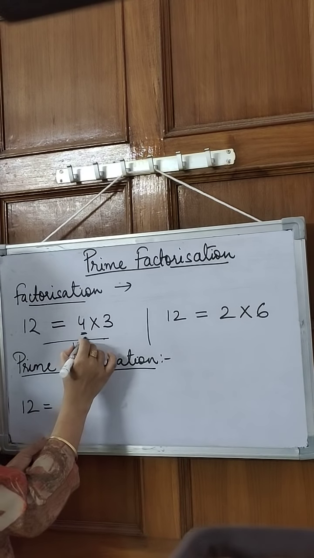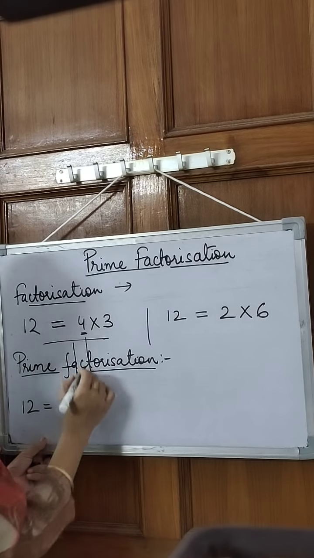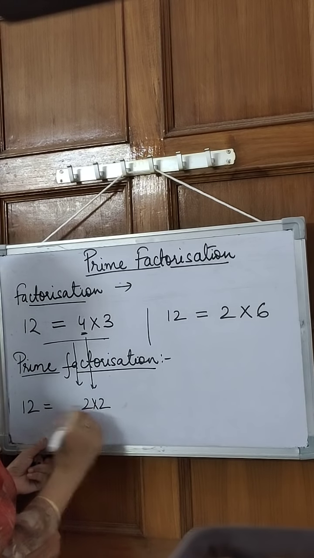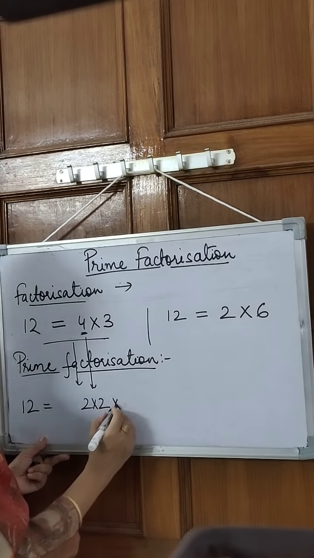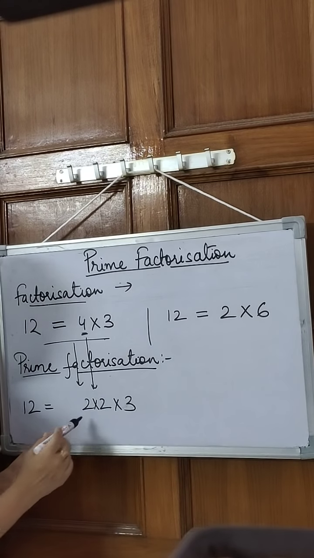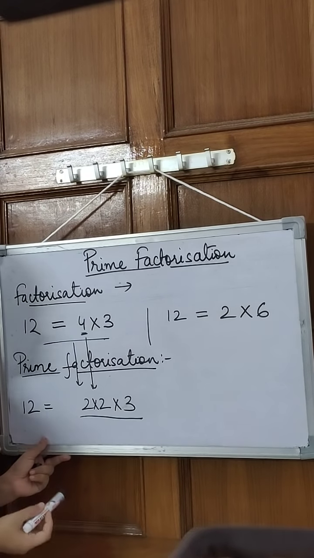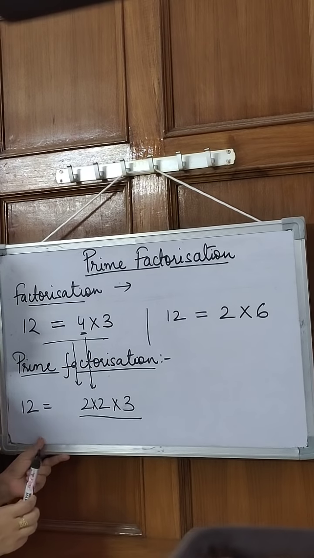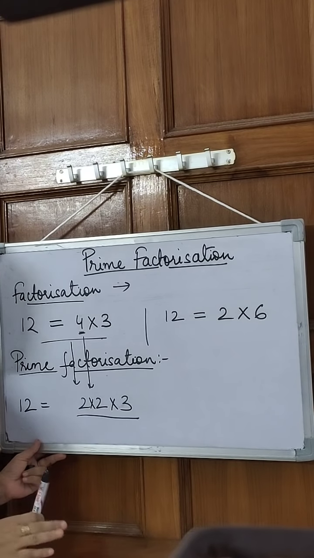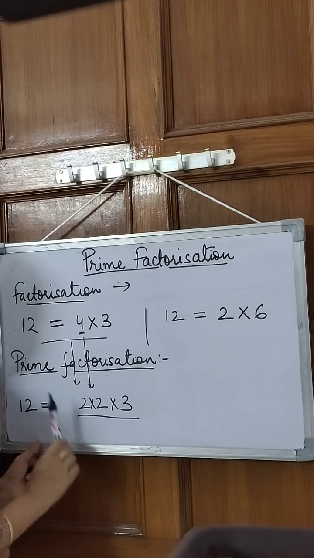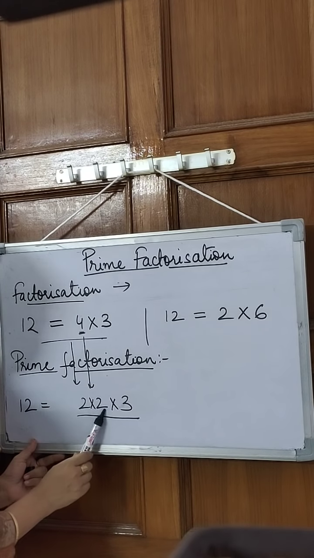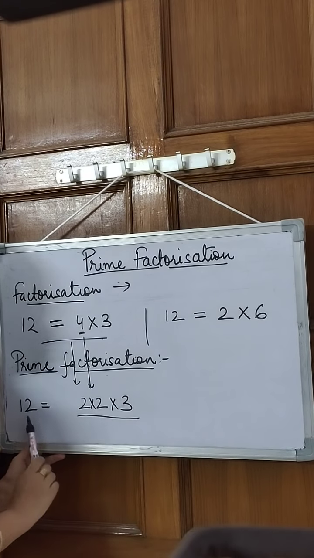So what I can write is, in place of this 4, I can write 2 into 2 and into 3. So now if I see these numbers, it is 2 and 3. 2 and 3, they are prime numbers. Okay. And what else I can see is 2 twos are 4 and 4 threes are 12.